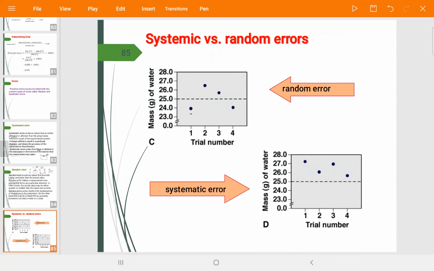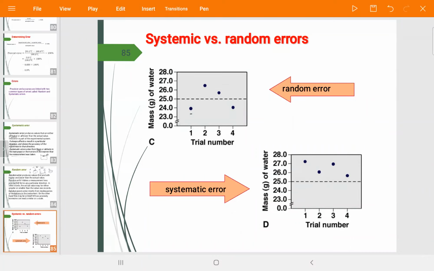Why? Because the values are spread apart, but when you take the average of these measured values, they will average out. Therefore, the accuracy is not affected as much as it is affected by systematic error.